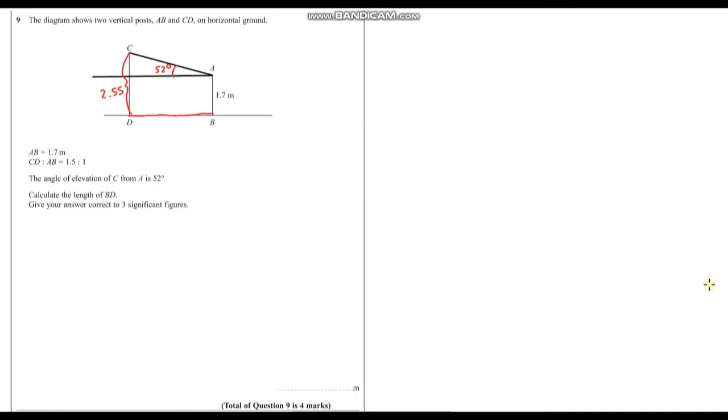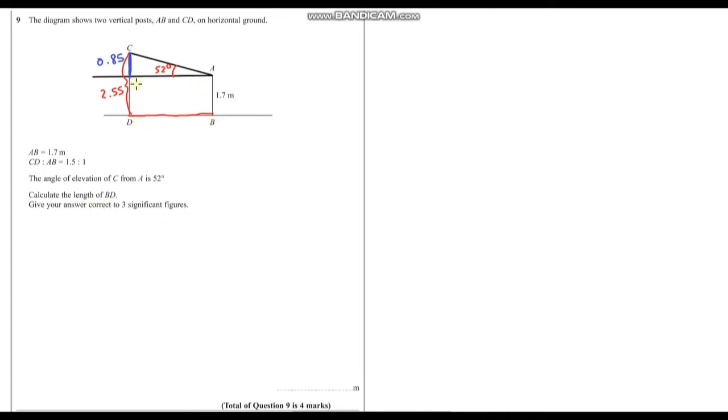Now we can calculate this missing length here, this leg of our triangle, by just subtracting. So we can do 2.55 subtract 1.7, and that gives us 0.85. Now we've got this length and we know this angle, so now using trigonometry we can calculate BD.